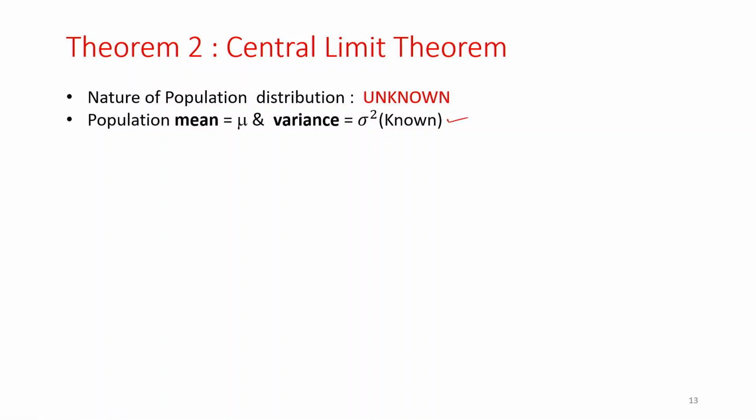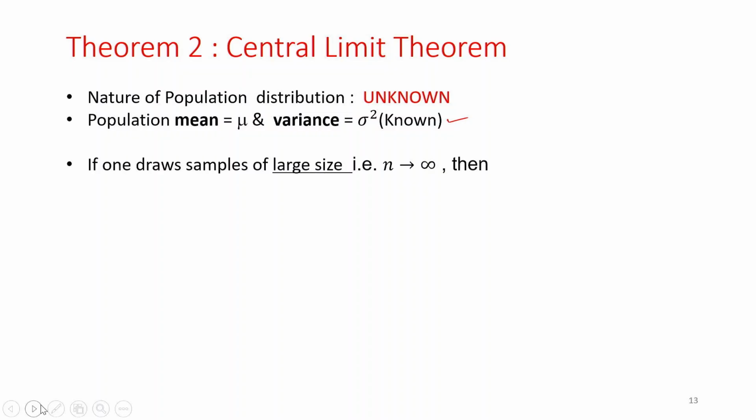Suppose we know this. If one draws samples of large size as n tends to infinity, that we take the samples of 10 and then 20, then 50, then 100, then 200, 500. If we keep increasing the sample size, the distribution of the sample mean will be normal.